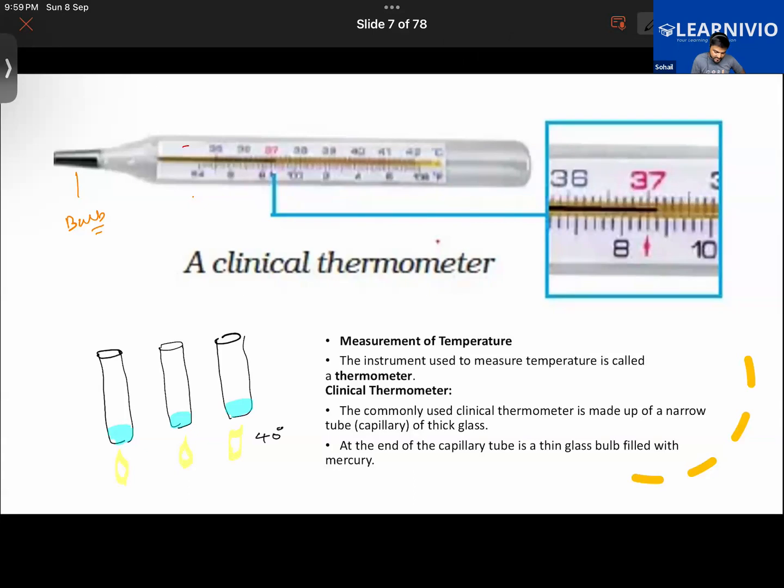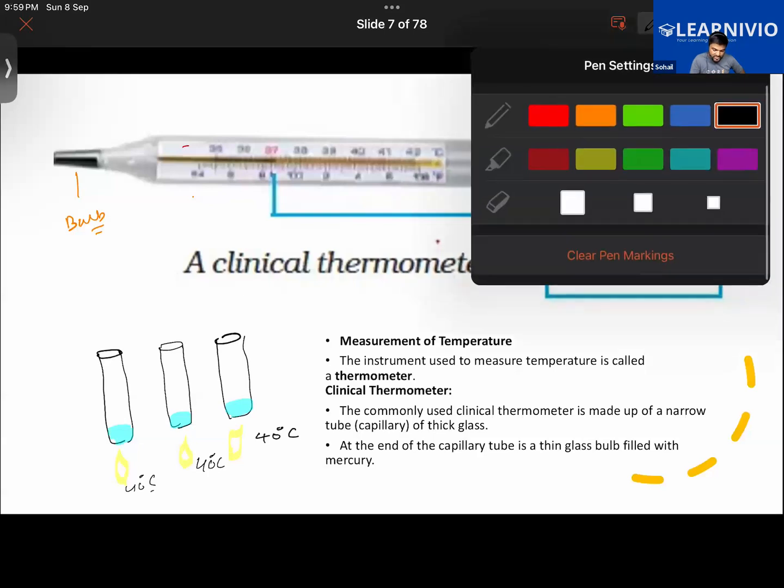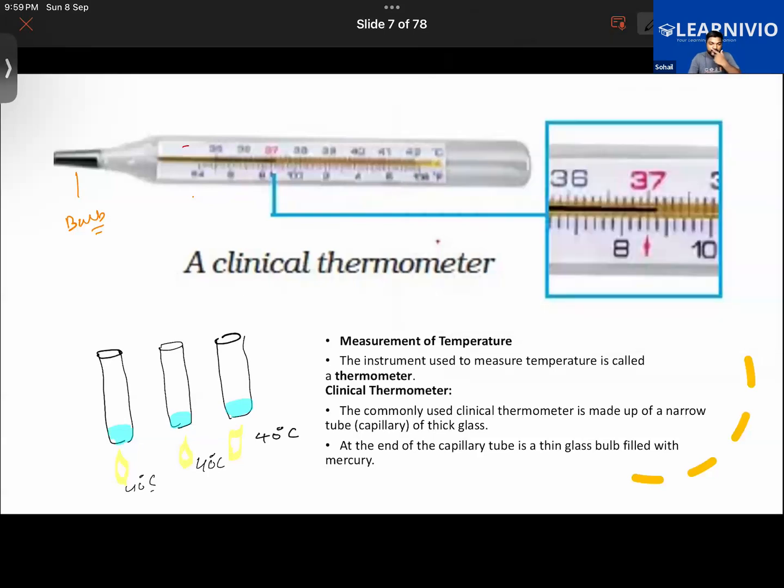Here also you are heating it to 40 degrees Celsius, here also 40, and here also up to 40 degrees Celsius. Each time, you will observe that the level of mercury in these glass tubes rises to the same height. Let us say they rise up to here. So what do we observe here? That they are rising in a uniform manner.